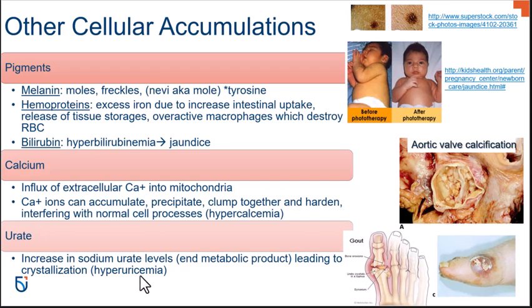This can lead to the formation of crystals from the sodium urate, and the crystals can lodge themselves into tissues and cause painful disorders that are collectively referred to as gout. You can see here a common location of gout in the foot, and it's actually caused damage to the joints within the big toe.